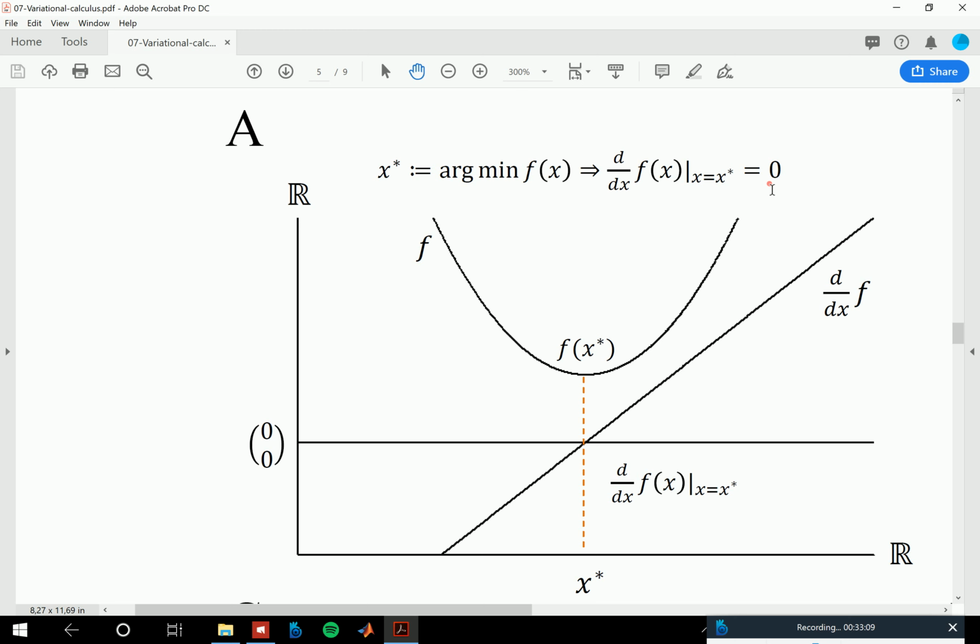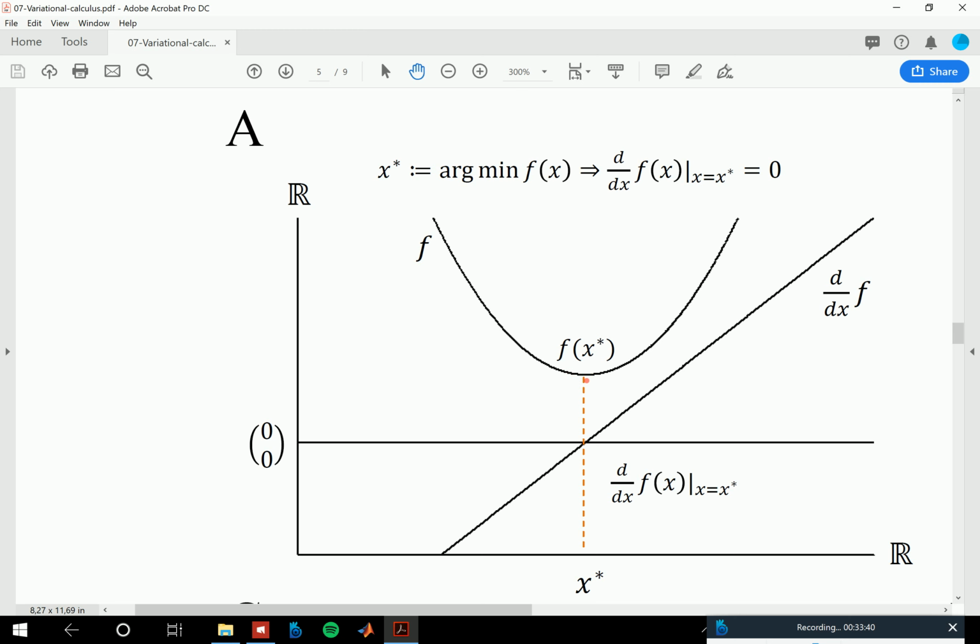So if there's a minimum or a maximum or a saddle point, then the first derivative is 0, which you also can see here. I plotted the first derivative of this function, which, if this is roughly x squared, is roughly 2x. Here the derivative is negative, because the function is going down.